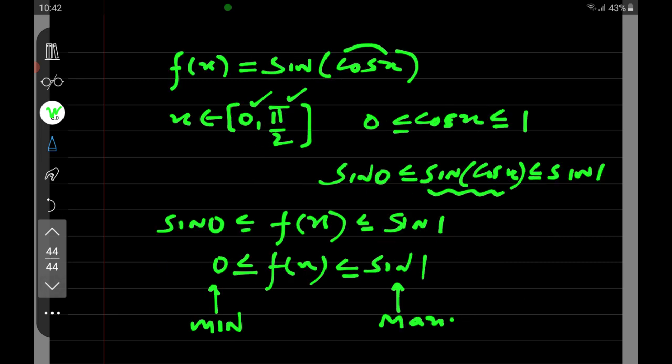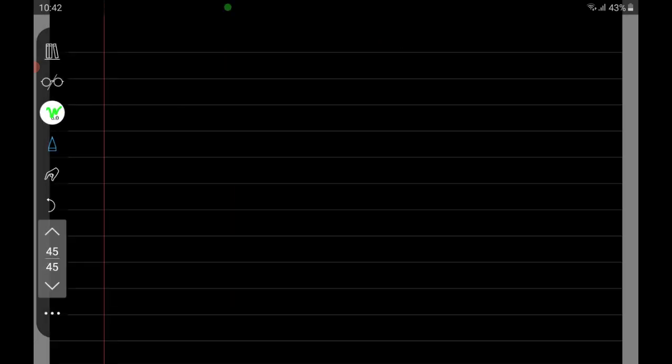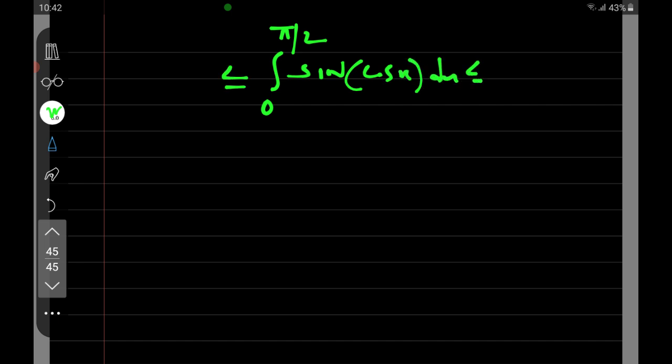I will use this concept here, as the function f(x) lies between 0 and sine 1. So the integration of 0 to pi by 2 sine cos x dx will lie between the smallest value, that is 0, into b minus a, where b is the upper limit and 0 is the lower limit, and the maximum value, sine 1, into pi by 2 minus 0, same logic, b minus a.